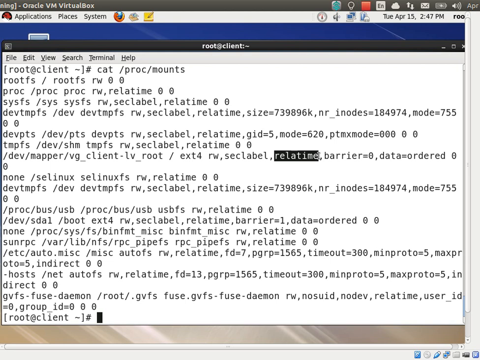It is one of the reasons why you should use the latest operating system, because they have come up with new things by seeing the disadvantages of using atime. So always use the latest kernel and the latest OS. We never knew this feature existed, and it is making our lives much easier.